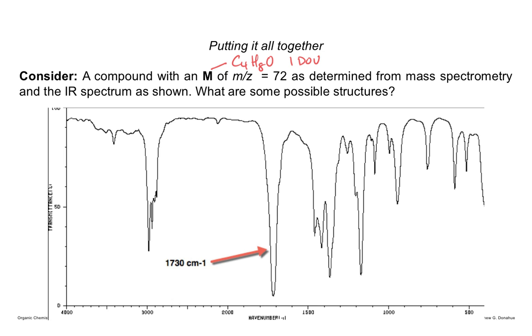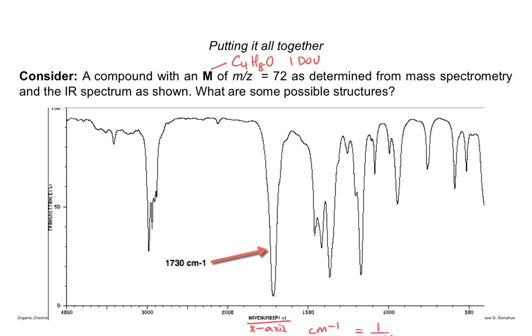So the spectrum that you see, that's a typical IR spectrum. The x-axis is called wave numbers. The unit of that is called reciprocal centimeters, so cm^-1. If you remember from physics or algebra, that means 1 over centimeters.